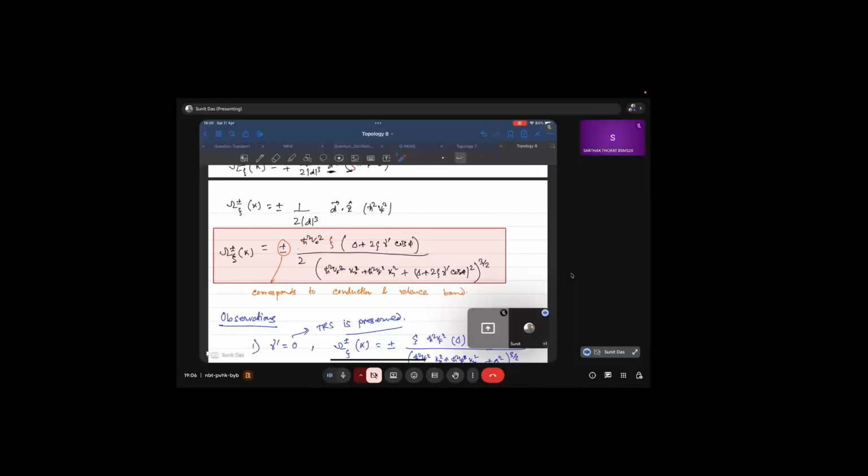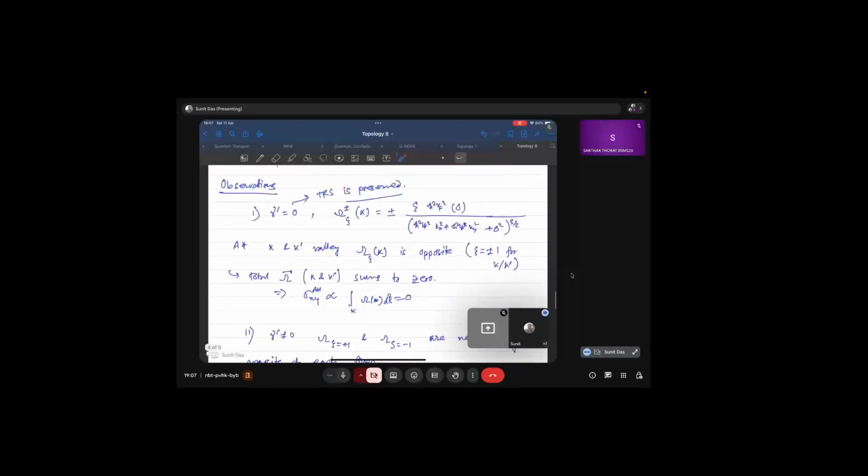So for a finite Berry curvature you need to break at least one of the symmetries, either time reversal or inversion. Again, this is a general symmetry relation for Berry curvature discussed in the last class.